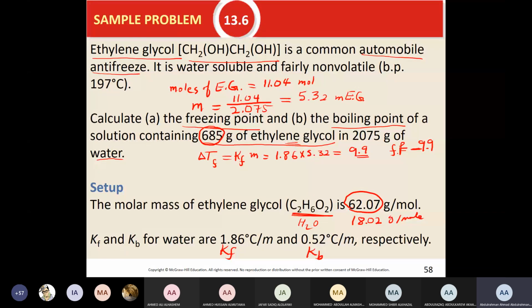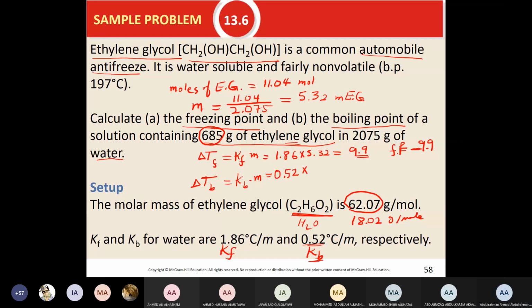What's delta T boiling? Again, don't forget the equation. K boiling times molality. And so what's the number? 0.52. I got it from here. Don't memorize this number.